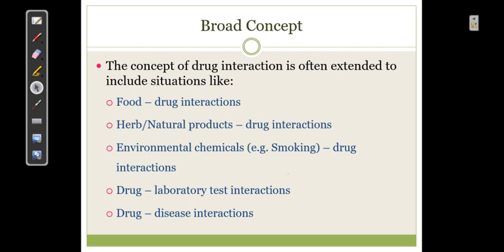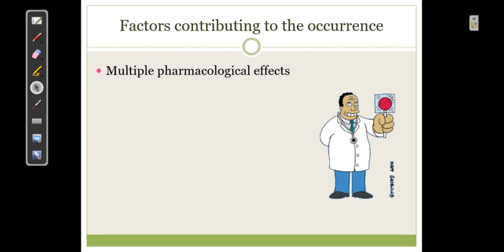Fine. So now let's check the third learning outcome that we mentioned in our earlier slide: factors contributing to the occurrence of drug interaction, and the first one is multiple pharmacological effects.